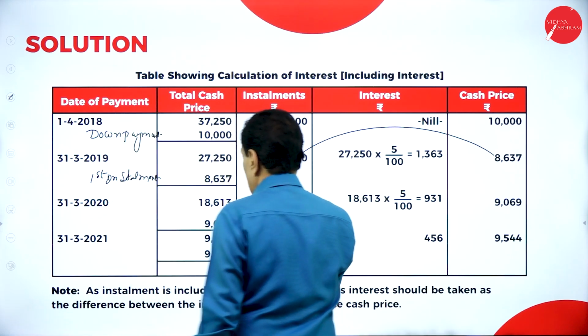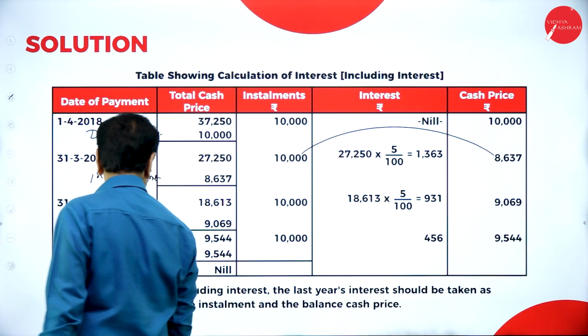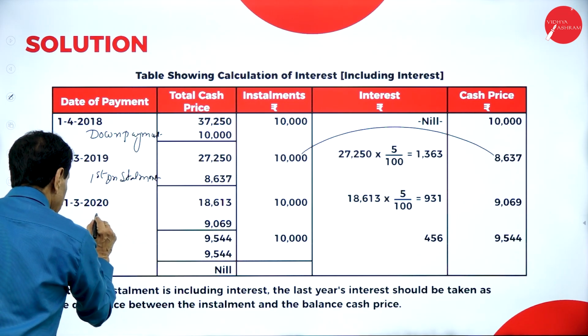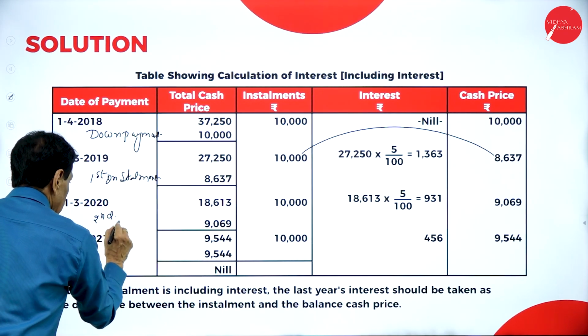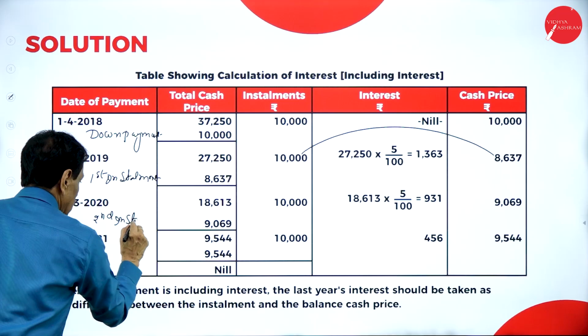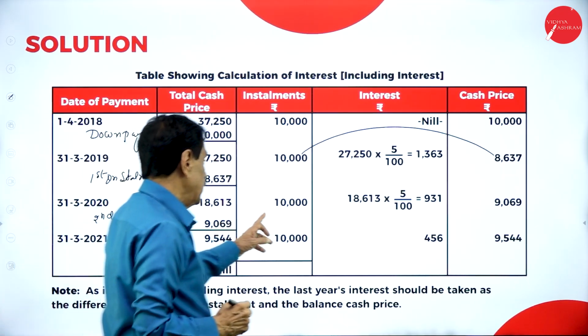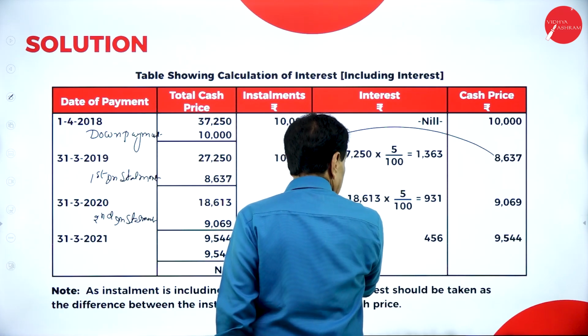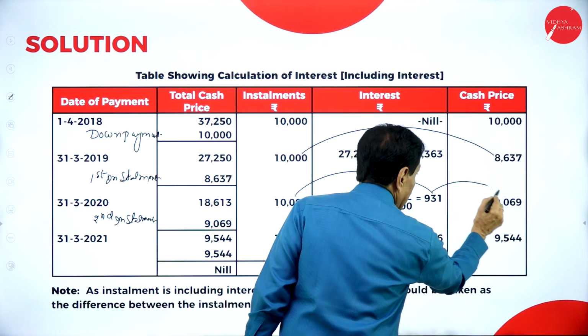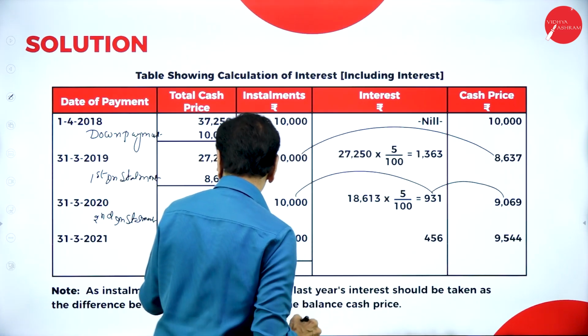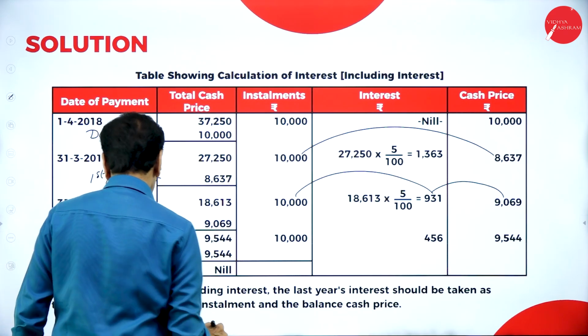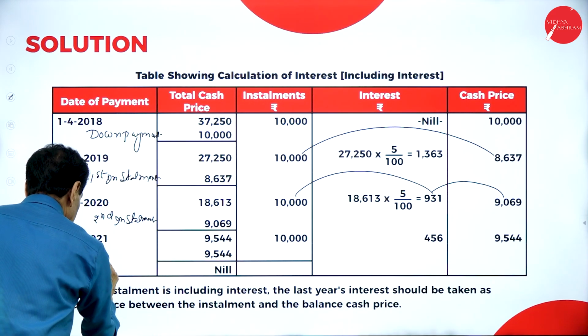Now deduct, the balance is 18,613. Second installment, 10,000. Out of that 10,000, 931 is interest, balance is 9,069. Deduct, 9,544 is the balance for the third installment.